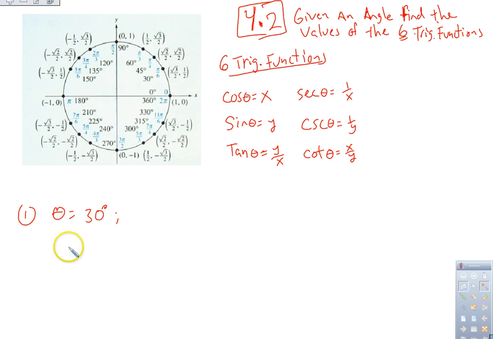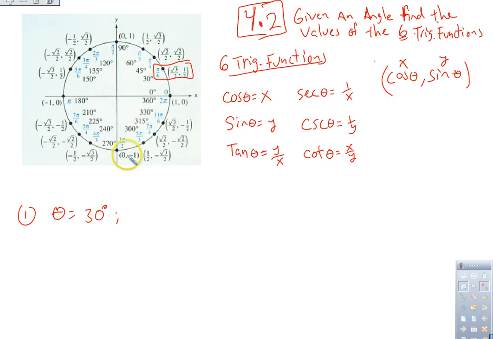Okay, then at 30 degrees, we are looking at this coordinate point, and the definition of cosine is that it's the first coordinate point, or the x value, and sine is the second coordinate point, or the y value.